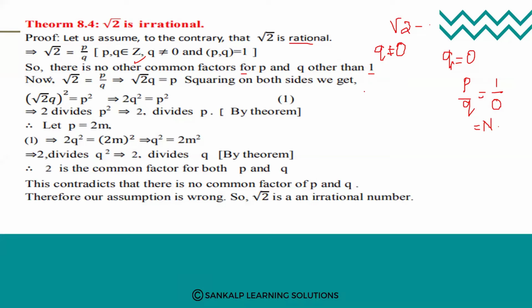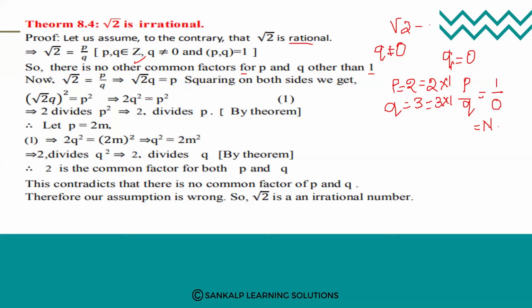Means what? Yes, if I take P value as 2 and Q value as 3. Okay. Tell me the factors of 2. 2 into 1. Tell me the factors of 3. 3 into 1. Which one is common here? 1 is common. Means what? 1 is common for both P and Q. Okay. This is the meaning. So there is no other common factor for P and Q other than 1.